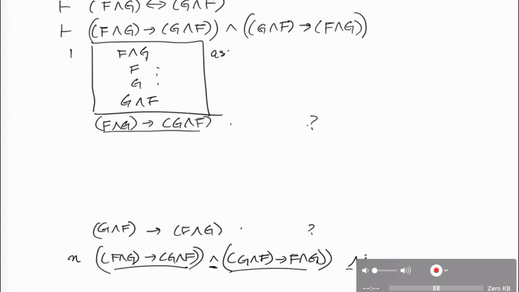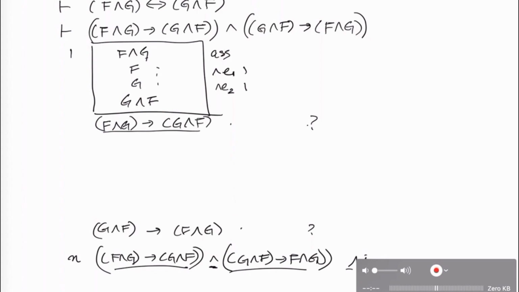So this is the assumption, then this is and elimination for line 1, and and elimination for line 1. We can be a bit more precise. I don't mind if you omit this subscript, but in the textbook we have two versions of and elimination, which get the first conjunctive term or the second conjunctive term.